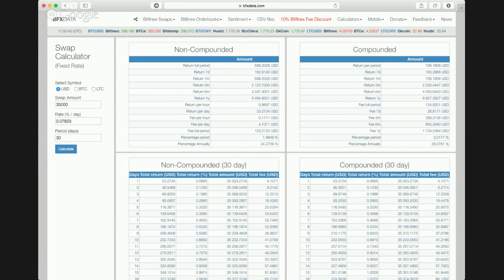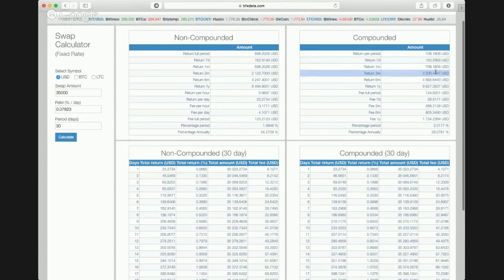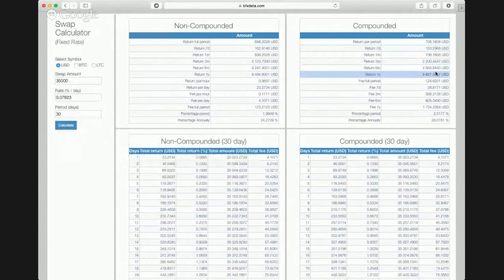If you compare, for example, the 163 on the compounded side, you are getting a little bit more than the other one. Of course, if it's just 1 week, it doesn't change much. When you go to 1 month, it will definitely change a little bit. But if you go to the most important, which is 1 year, we're talking about a substantial number on top of that. We're talking about almost 1,400 on top.